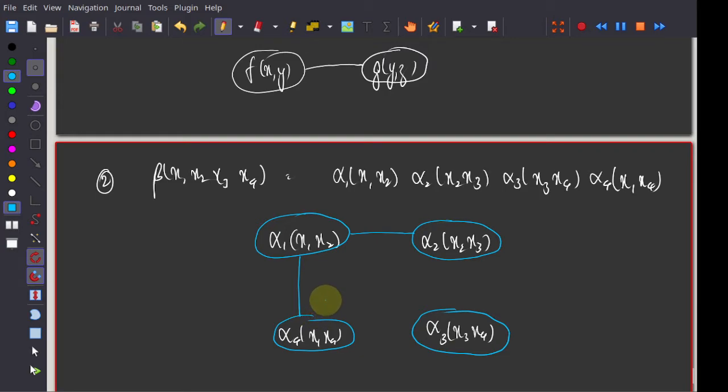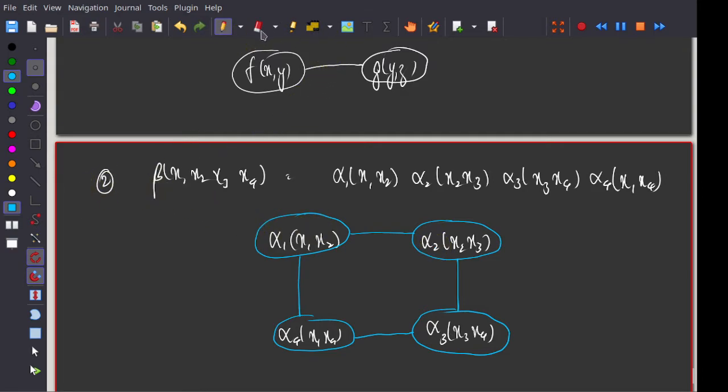Now x3: it is alpha 1 and alpha 3. Let me draw an edge. x4 is alpha 4 and alpha 3. These two have to be connected. But now I run into a problem because this is not a tree. It has to be a tree. So certainly this doesn't give me a junction tree.